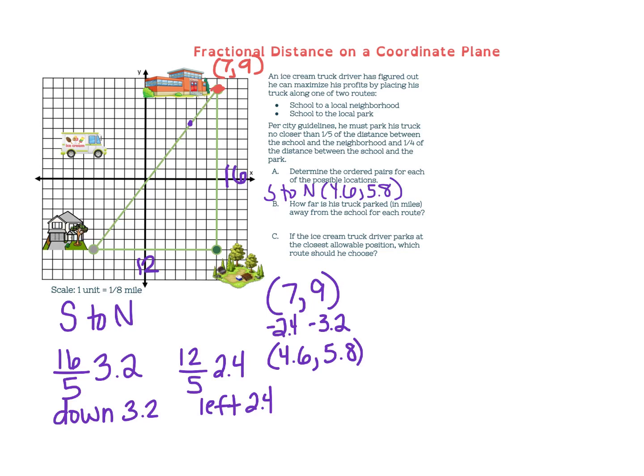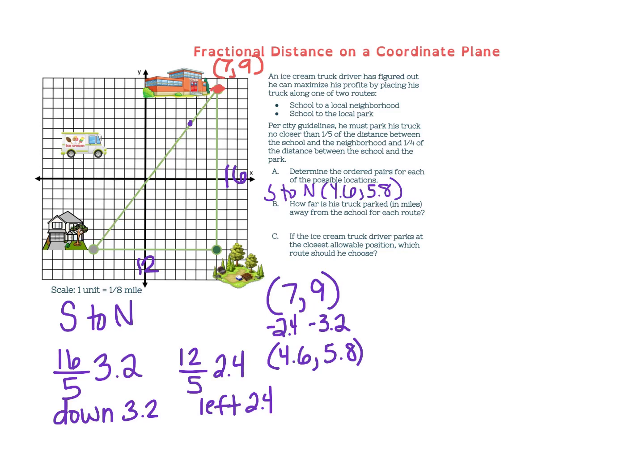All right, now let me change my color. Let's write in a blue color. So I want to look at now going from the school to the park. That's a much easier calculation because the number 16 is divisible by 4, and you're only moving down.